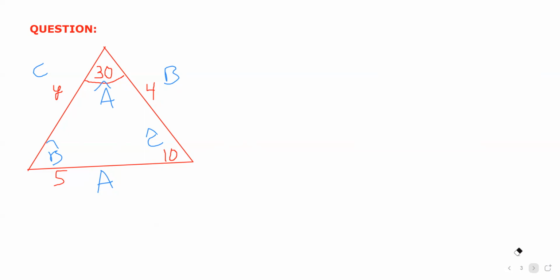Remember the equation is C squared is equal to A squared plus B squared minus 2AB cos the angle at C.